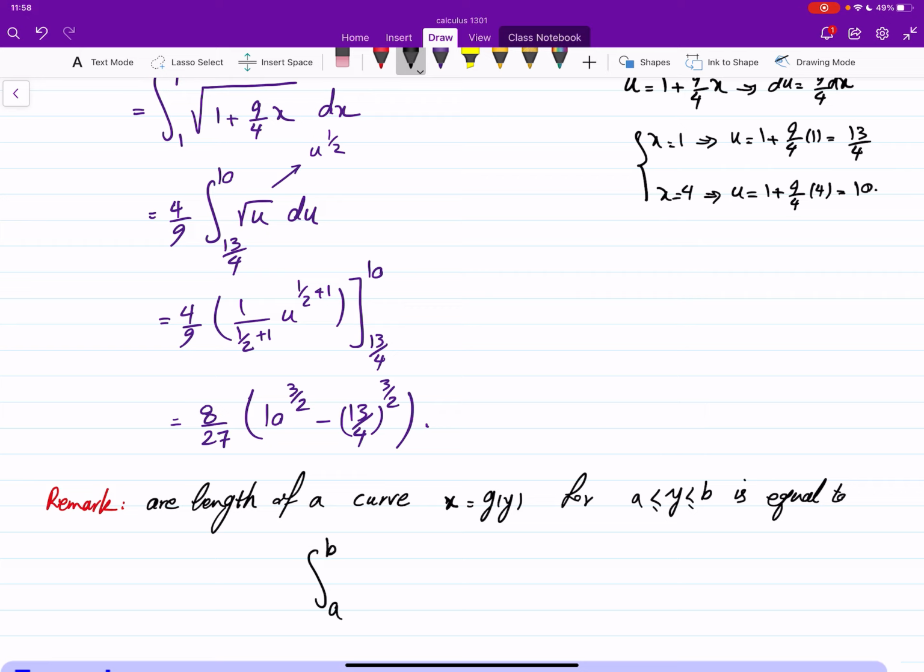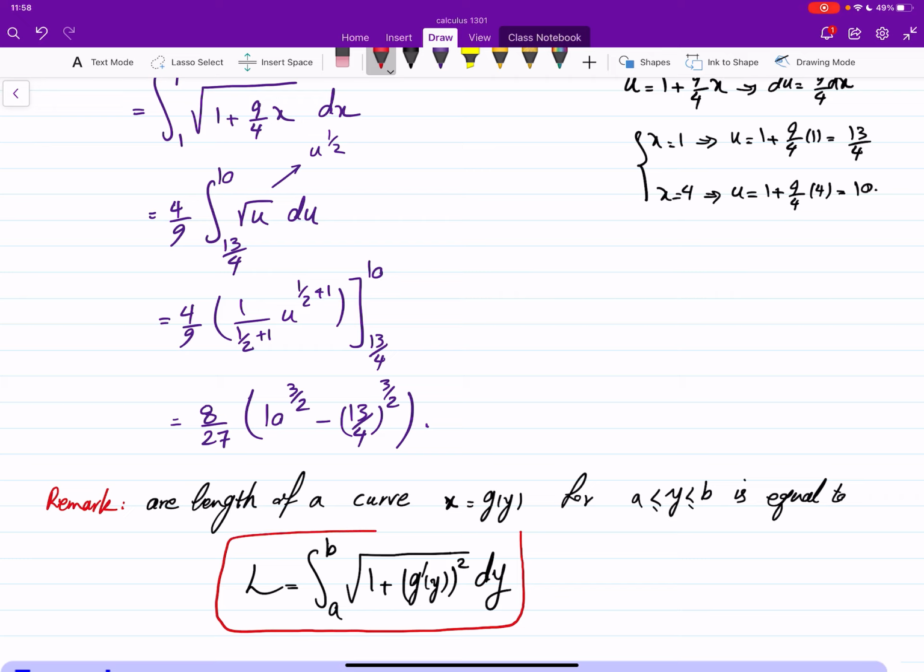This time you're integrating the y variable: 1 plus g prime of y squared under the square root, dy. So that would be our formula if the curve is given by a function like that.